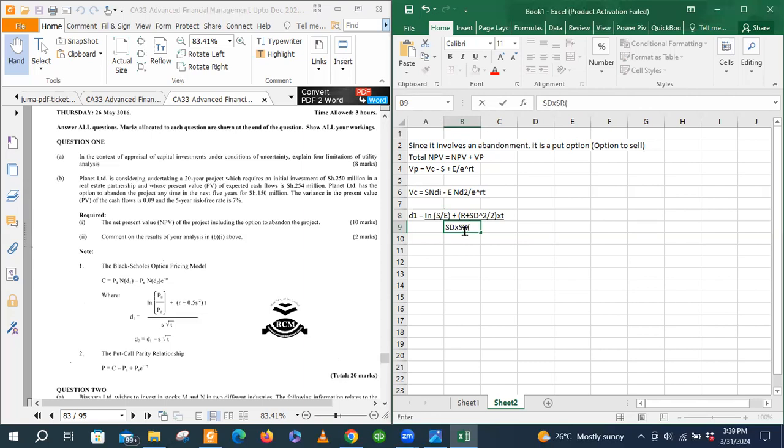Acha niweke weka tu time raised to power half. Instead of putting SRT, put T raised to power half. Haya, sawa, we are learning. It's the same. It's okay. Yeah. So raised to a half, that's okay.